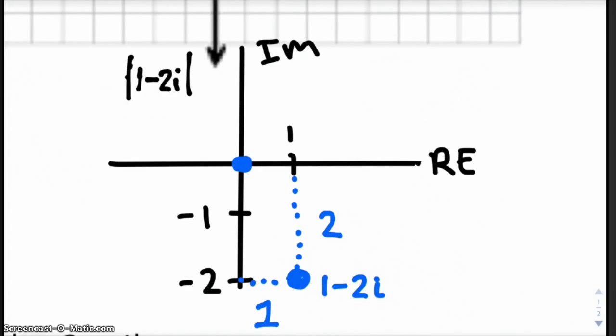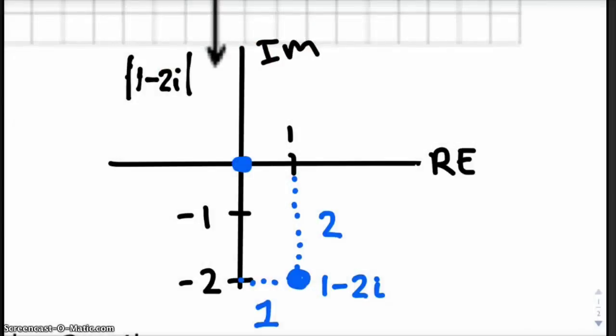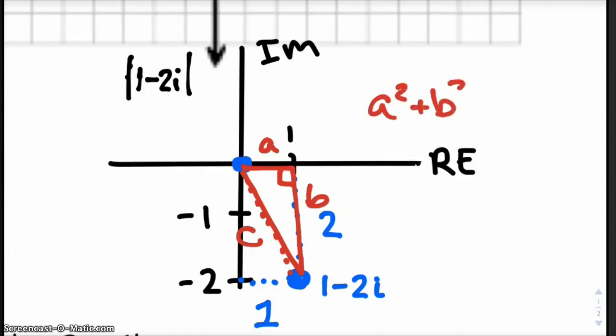And then to find the absolute value, you need to find the distance between the point and 0. So you're trying to find the red, right? And that distance is, if you create a 90-degree triangle, and this is a, and this is b, and this is c, then you've got the Pythagorean theorem, a squared plus b squared equals c squared, right?